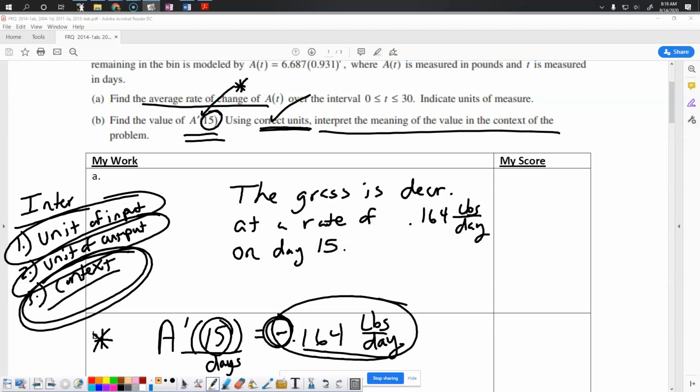Okay? Now you'll notice that I didn't put negative 0.164. And the reason I didn't put that is because I put decreasing. That is my negative. Now, you could have said it a little bit differently. You could have said the grass is changing at a rate of negative 0.164 pounds per day. But you can also say the grass is decreasing at a rate of 0.164 pounds per day.